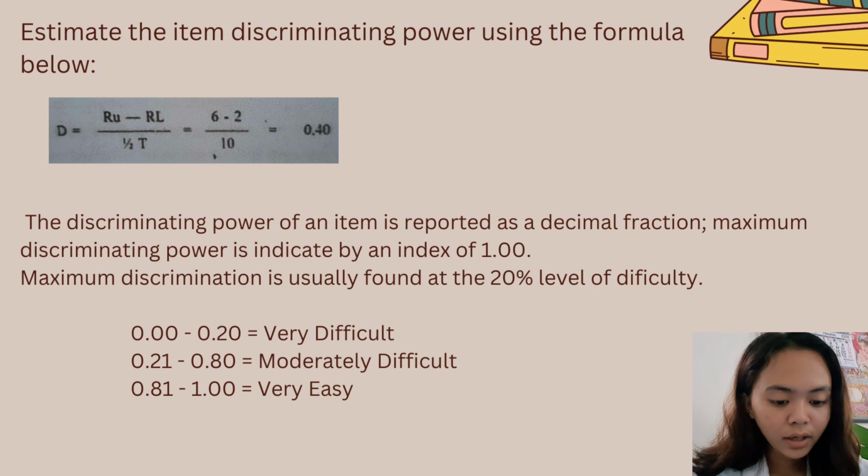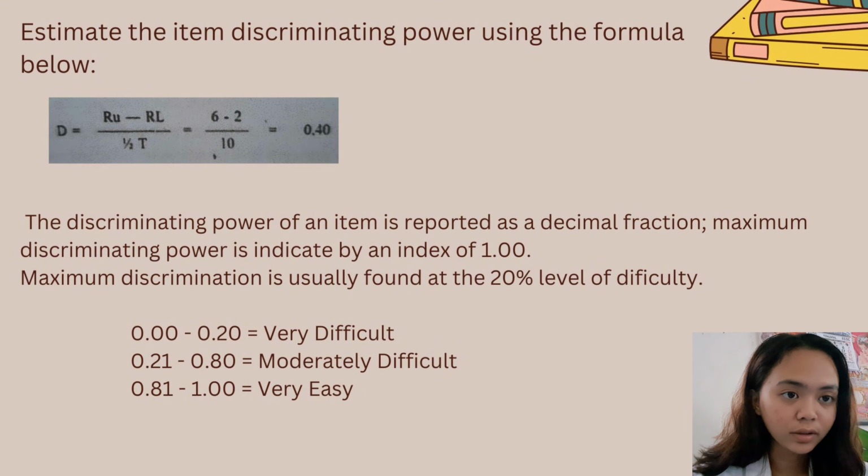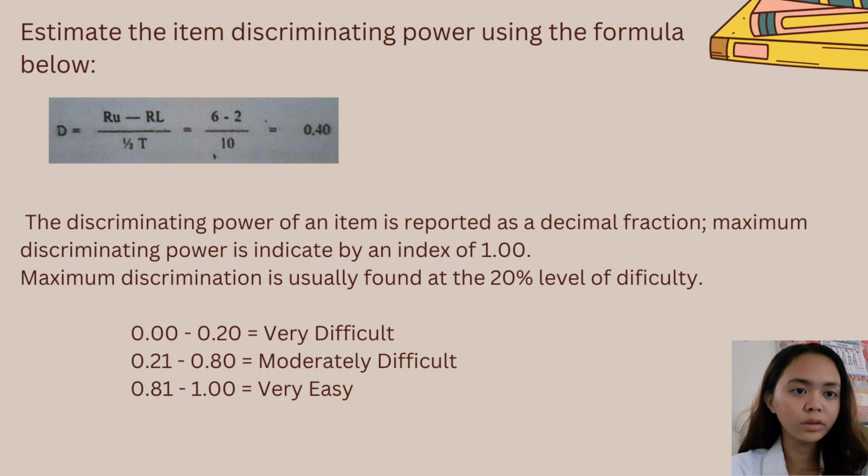So D is equals to RU, the number in the upper group who answered the item correctly, which is 6, minus 2, the RL, the number in the lower group who answered the item correctly, divided by the 1/2 of the total. So 6 minus 2 divided by 10, 6 minus 2 is equals to 4 divided by 10 is equals to 0.40 or 40%.